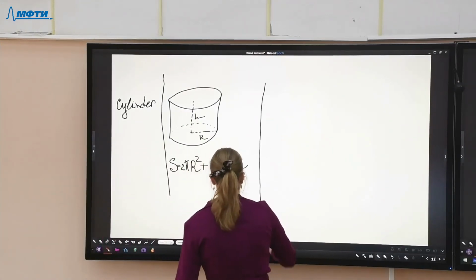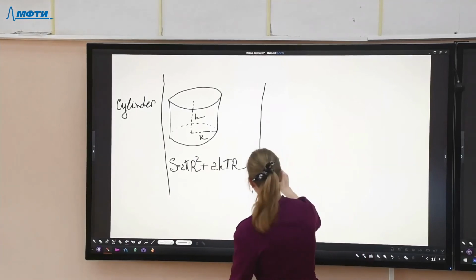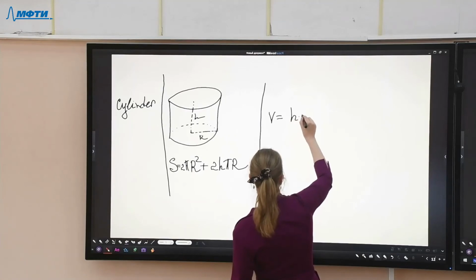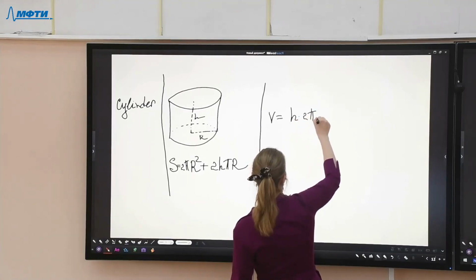And if we want to calculate a volume of a cylinder, we use the formula that this is h times pi r squared.